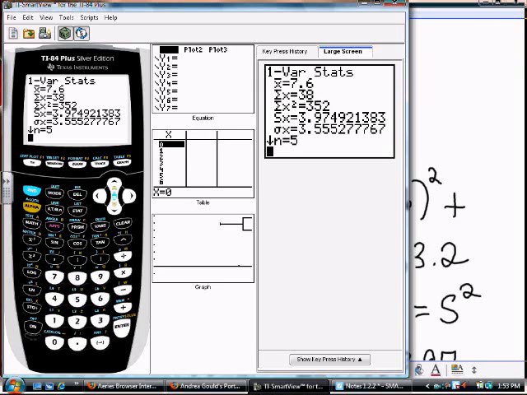The number below it is sigma x. It is also the standard deviation, but it is the standard deviation if we had divided by n instead of n minus 1. If we had divided by 5 instead of 4, we would have gotten 3.55. And that's called the population standard deviation.